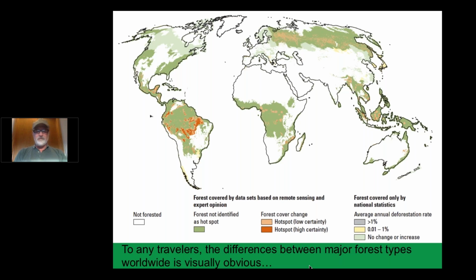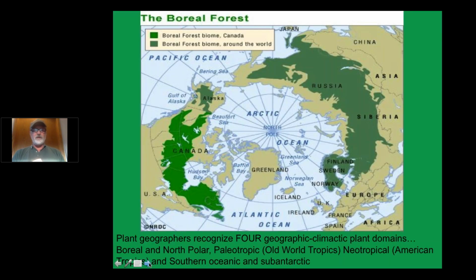We all have different forest types. There are similarities in how they operate and function, but dramatic differences in what species comprise these forests. And most plant geographers recognize 4 basic geographic climatic plant domains.